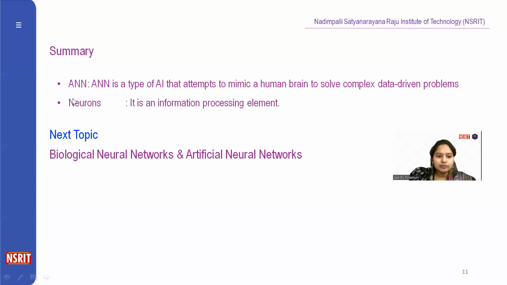Let me summarize what we have learned till now. Artificial neural networks are a type of artificial intelligence that attempts to mimic a human brain to solve complex data driven problems, consisting of processing elements called neurons.